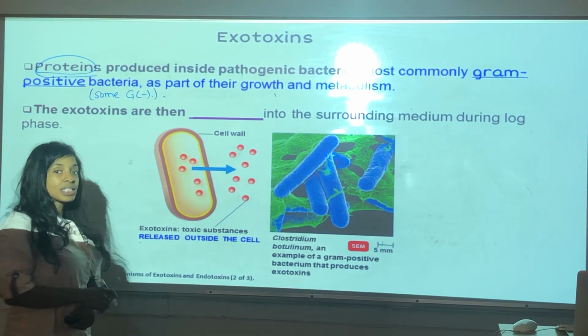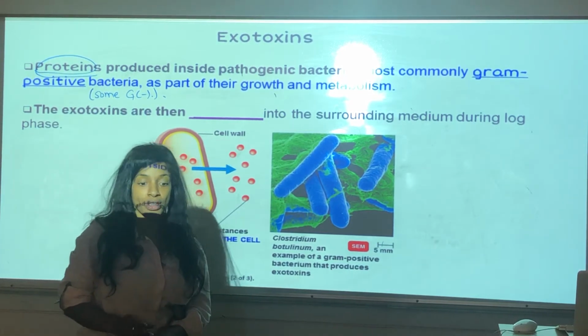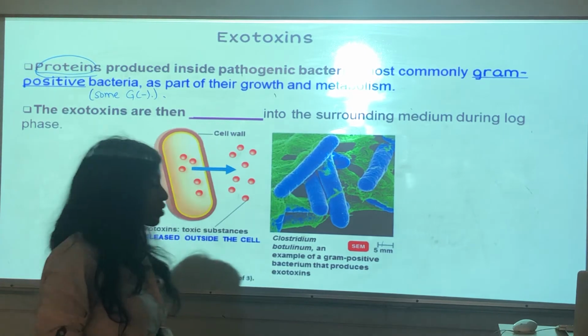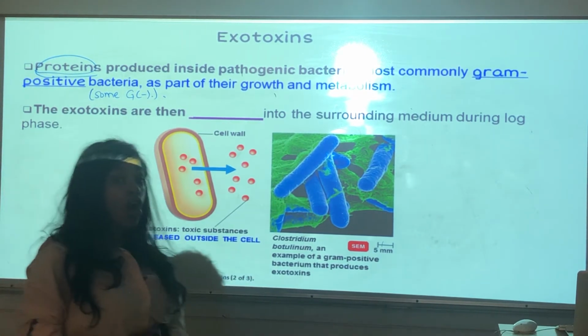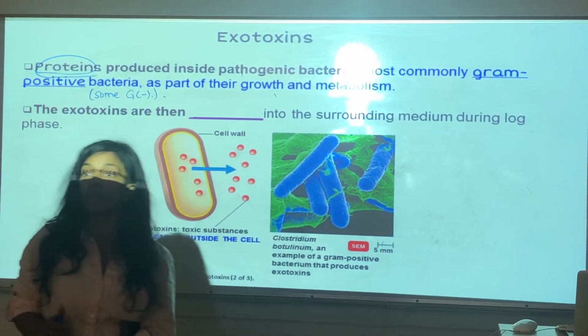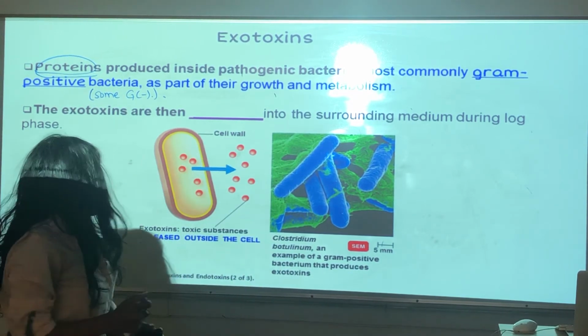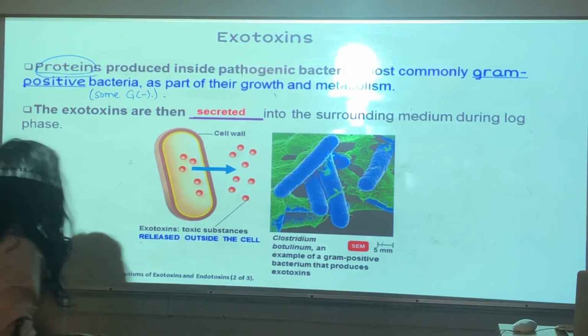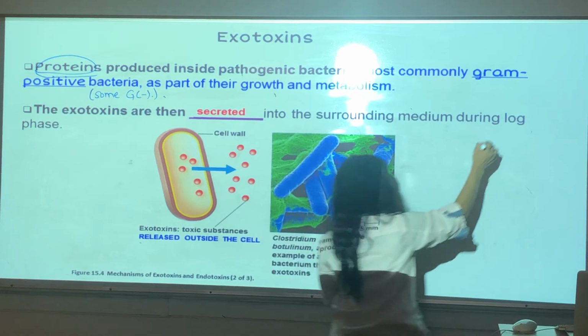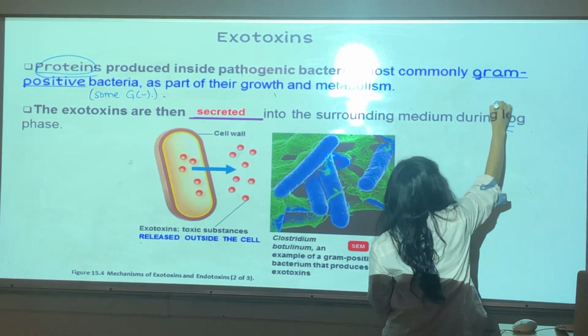And they are releasing this as they grow, right? So it's just a part of their growth, and they're releasing these specific proteins that are having harm to the body in a specific way, right? The exotoxins are then released into the surroundings during the log phase. So the log phase means as they grow, right?